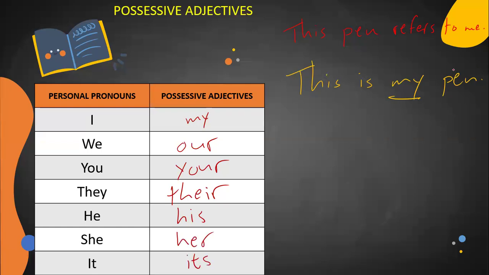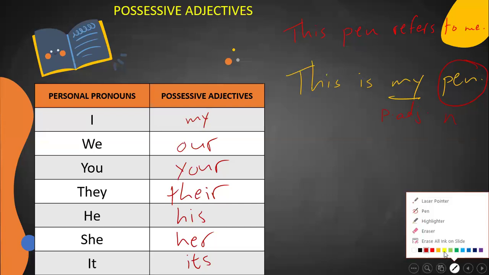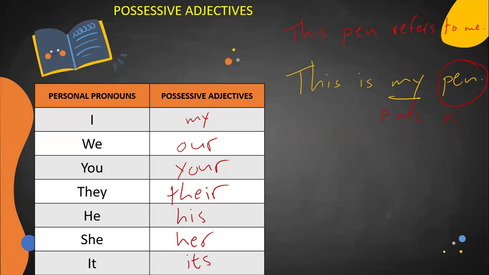Okay, followed by nouns. So this is the possessive adjective, and it's followed by a noun. We cannot say this is my and stop. No, it's not a correct sentence. We have to say this is my pen. We have to have a noun after the possessive adjective. Okay, now let's have another sentence.